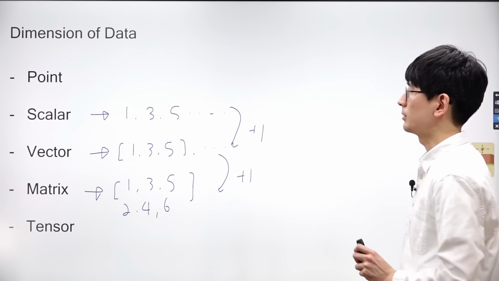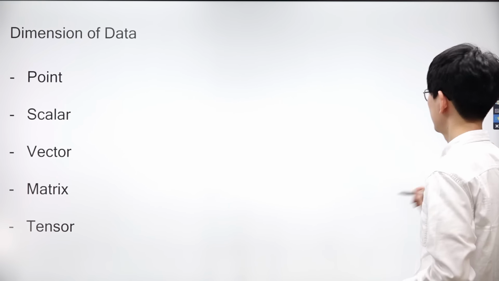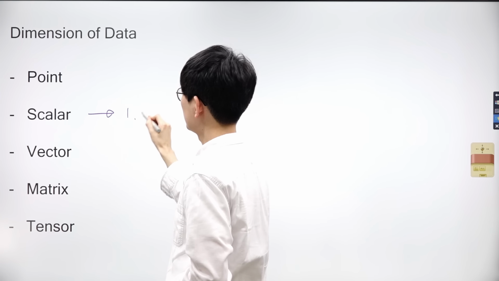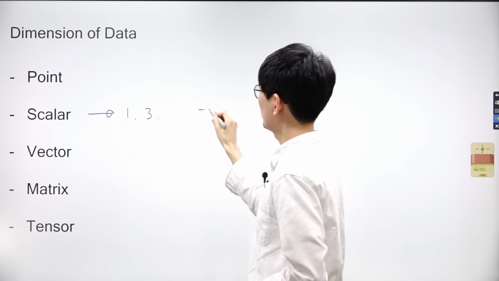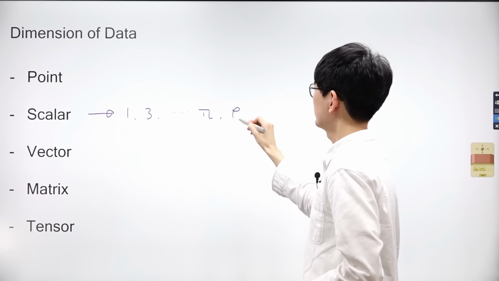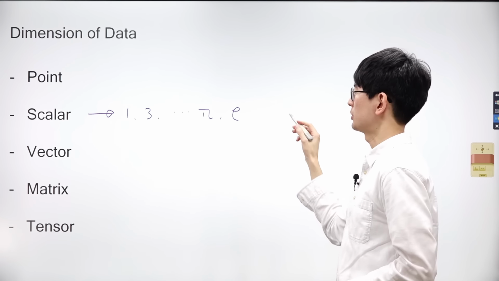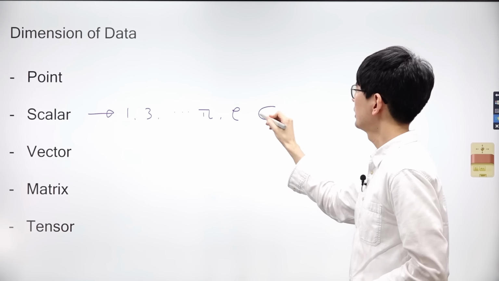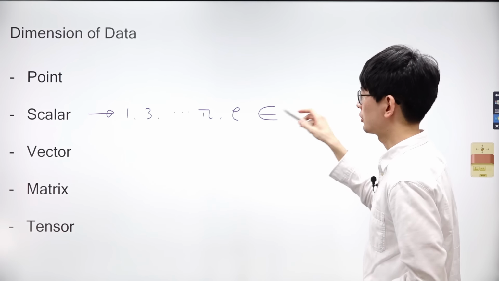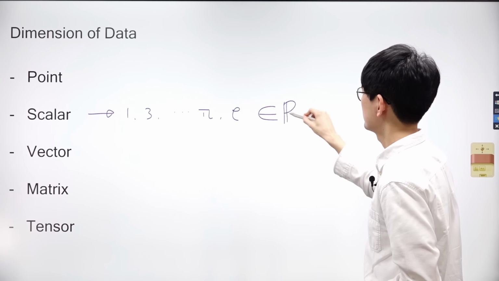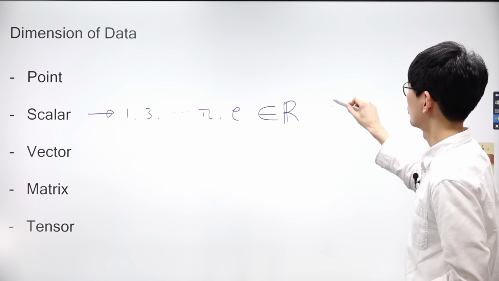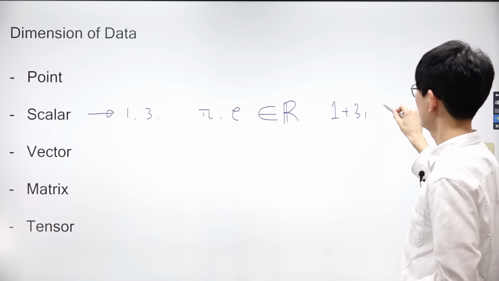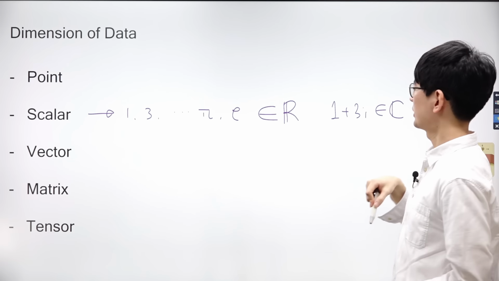Let's see how we represent this data. For example, these scalars are numbers, and numbers like 1, 3, or even pi are scalars. So these scalars belong to the real number domain. Or if it's something like 1 plus 3i, it's a complex number, so it belongs to the complex number domain.